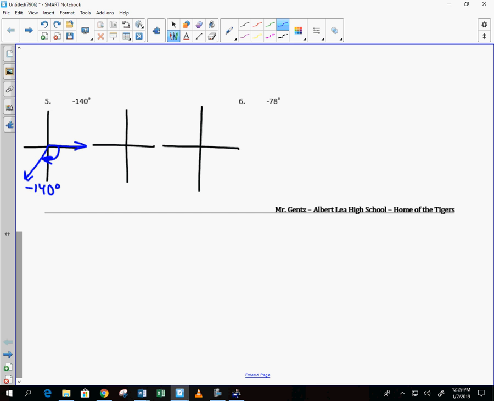All right, I'm going to do another negative angle in that same position. I come up with another negative one by going to negative 140 and then doing another negative 360. So it's negative 140 and then a negative 360, which makes negative 500 degrees. So negative 140 and negative 500 are coterminal.